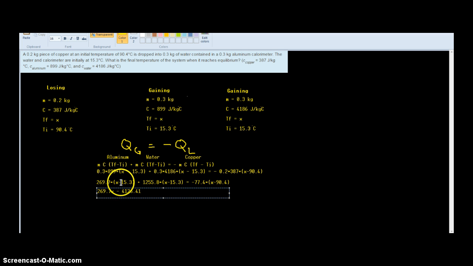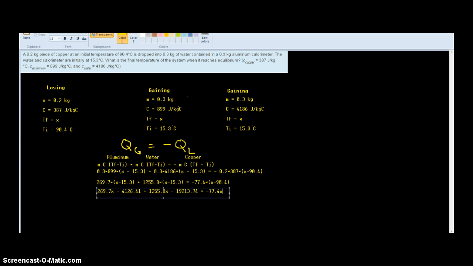Again, a mistake to be made if there is one: you're going to forget about the minus sign here. And then adding that on to the next term, we take the 1,255.8, multiply that by x, we still get the same thing. Minus sign, because it's still there, 1255.8 times 15.3 yields 19,213.74.